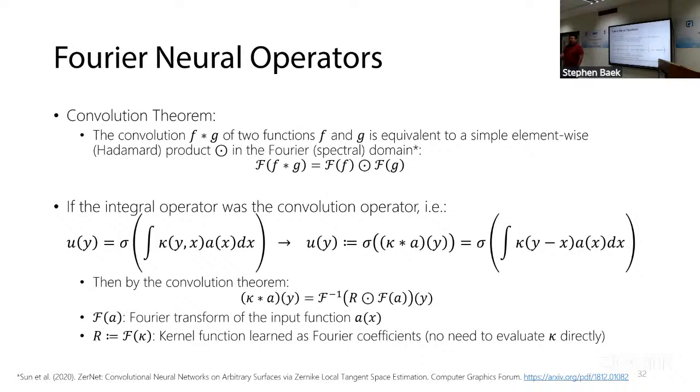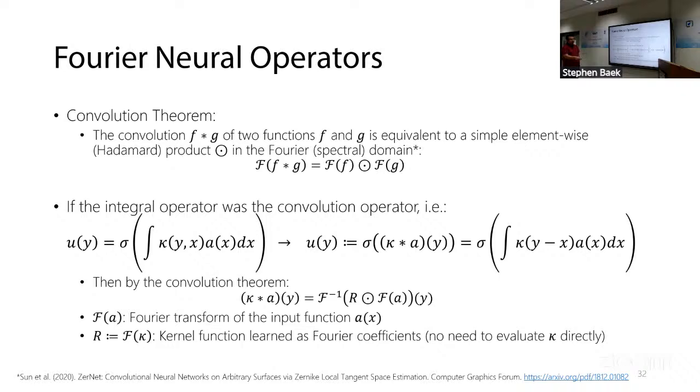And then for the actual kappa itself, we don't even need to learn it. We just need the Fourier coefficient R. So R is basically the parameter that you're trying to learn, and during training, the values of R get updated.